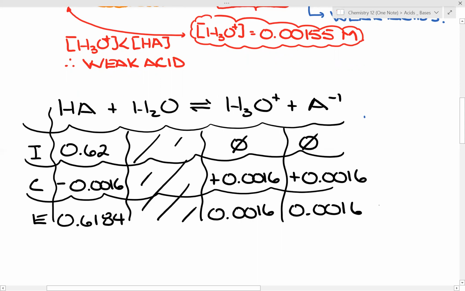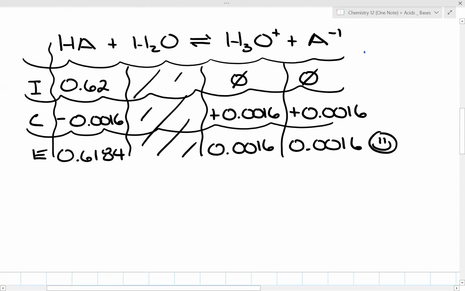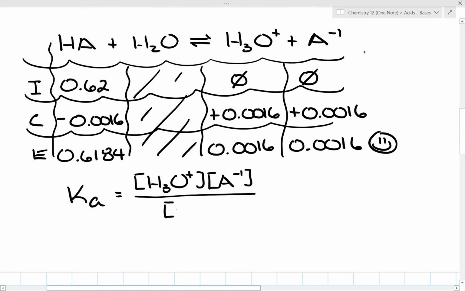Now, in this case, you have your equilibrium concentrations, and all you need to do is plug in the Ka value, which is concentration of H3O plus, concentration of A minus 1, all over concentration of HA.